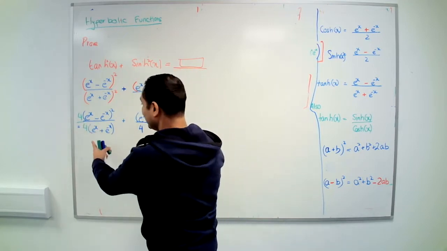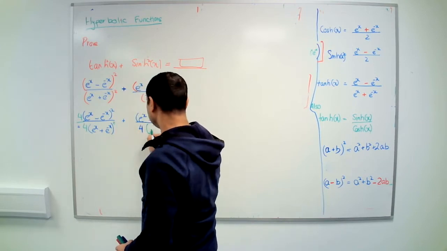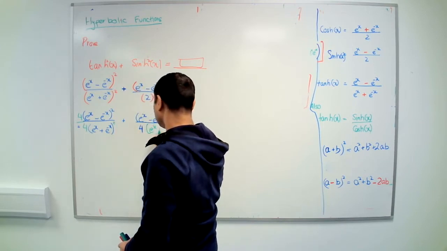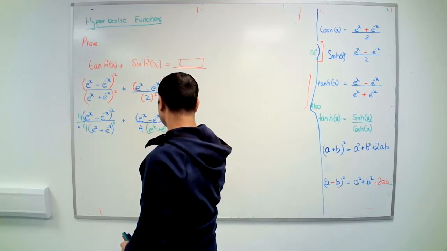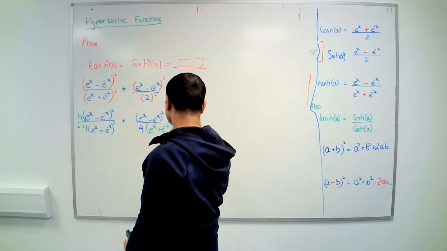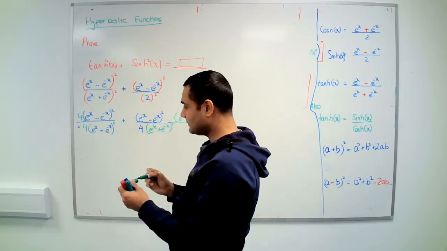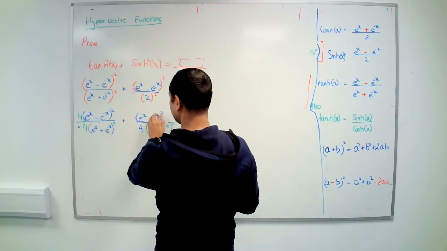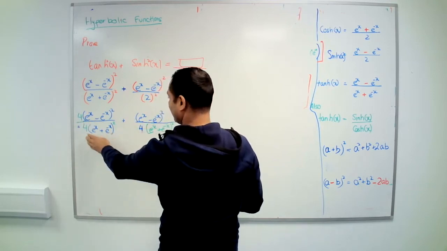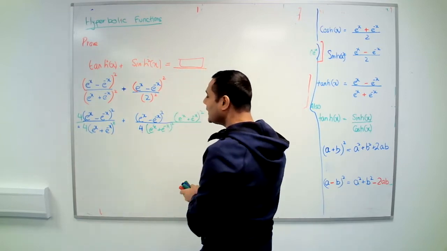This bit, which is also squared, will appear here and here as well. I moved this thing to this side and this thing to this side. So now the denominators are the same. Why did I do that?